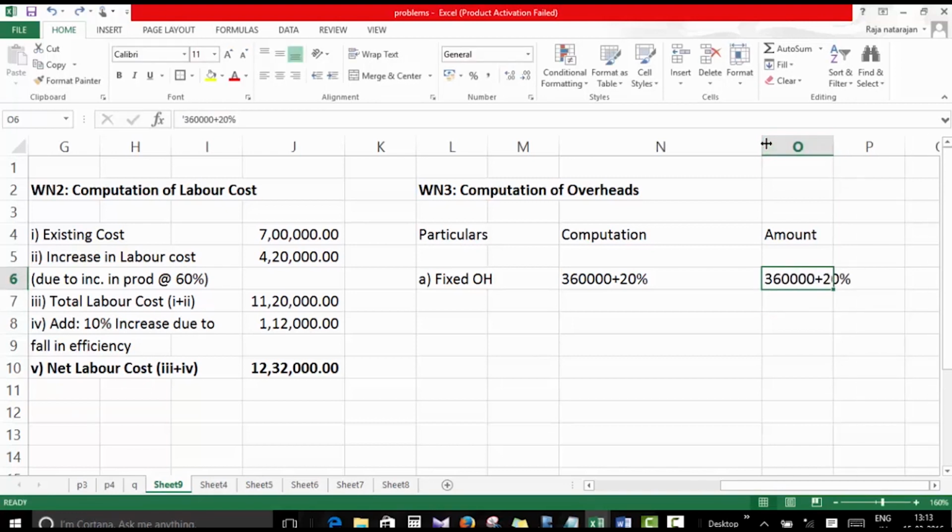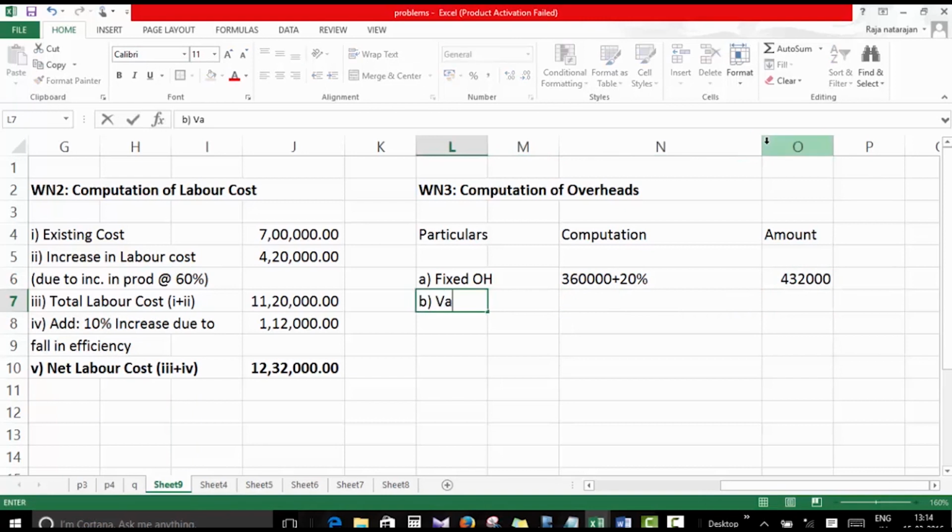I'm sorry, I'm wrong in that calculation. It is going to be 3,60,000 plus 20%. So I can say this is for 100, what is for 20%. So what I can do is multiply with 120%. That tells me my fixed overheads will be 4,32,000.